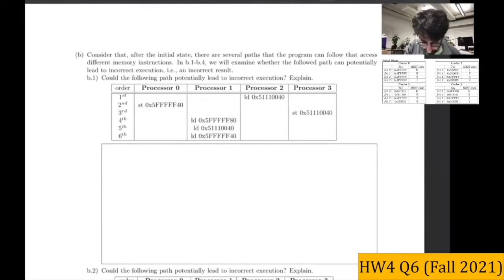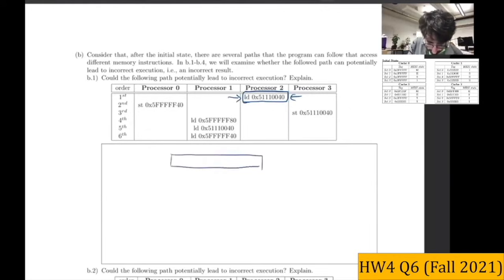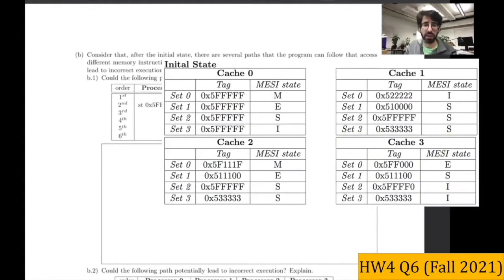So let's start with the first instruction. The first instruction is executed in processor 2. So first we have our tag that is 24 bits, as we can see here. So we have 3 bytes for representing the tag.